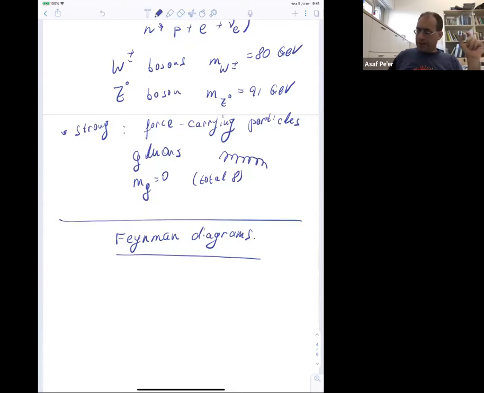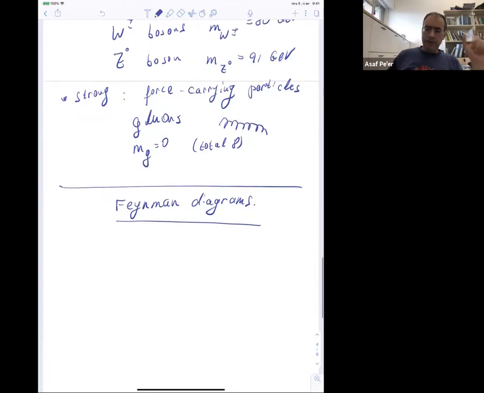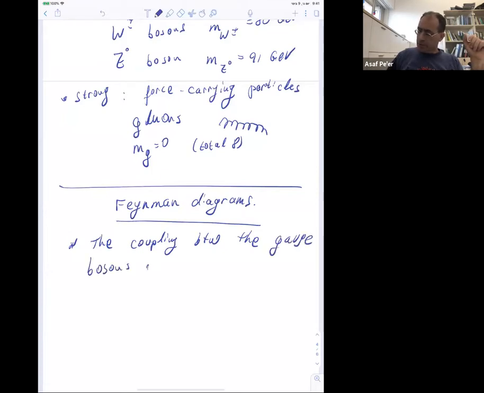The coupling between the gauge bosons and the fermions is described by vertices. This is the important part.